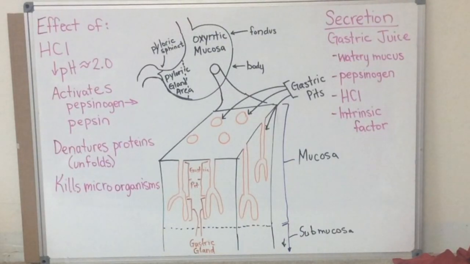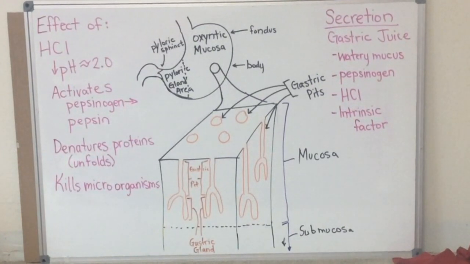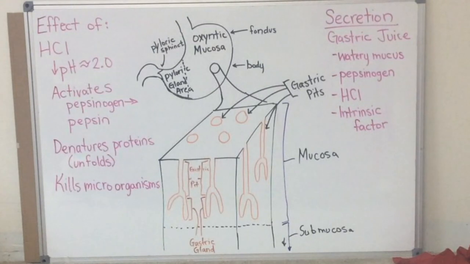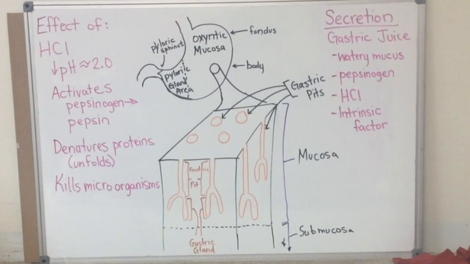Hydrochloric acid, which is released from the parietal cells, aids in 4 main functions within the stomach. First, it drops the stomach acidity to approximately a pH of 2. Second, it activates pepsinogen to pepsin, which allows pepsin to begin its digestive process. Hydrochloric acid, due to its acidity, is able to denature proteins.